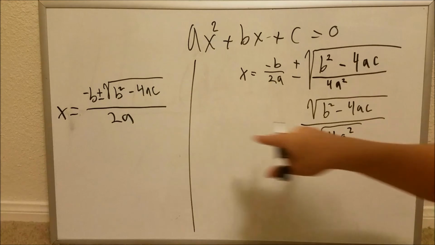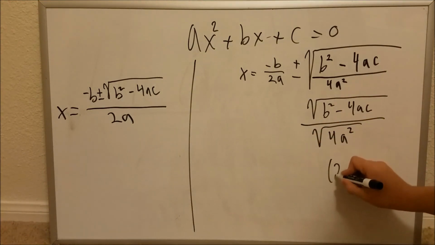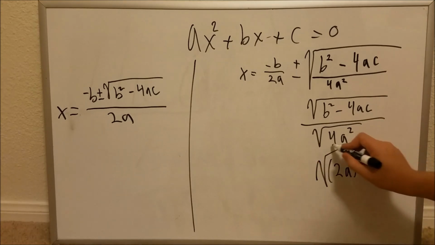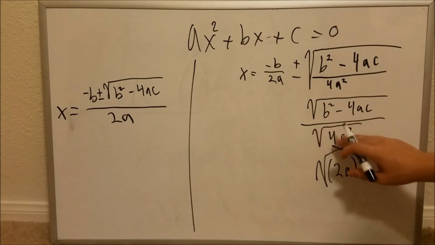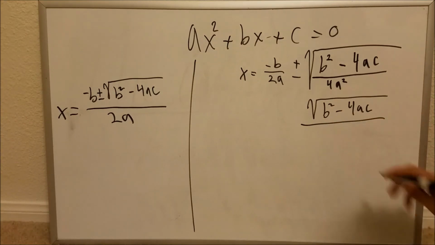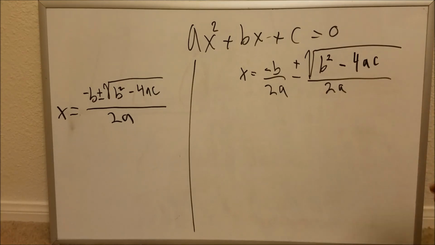Looking very similar, isn't it? Here we could pull out a square, and the square root and the square will cancel each other out, meaning that this denominator really only becomes 2a. Now that these both have the same denominator, we can combine the numerators and keep the denominator again.